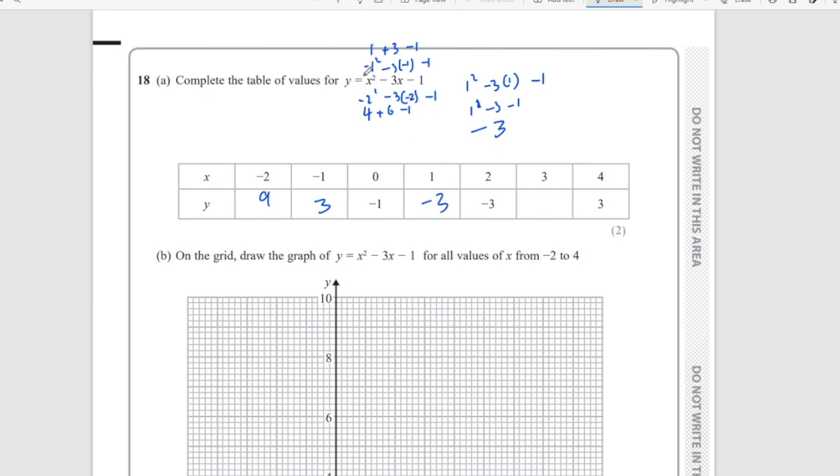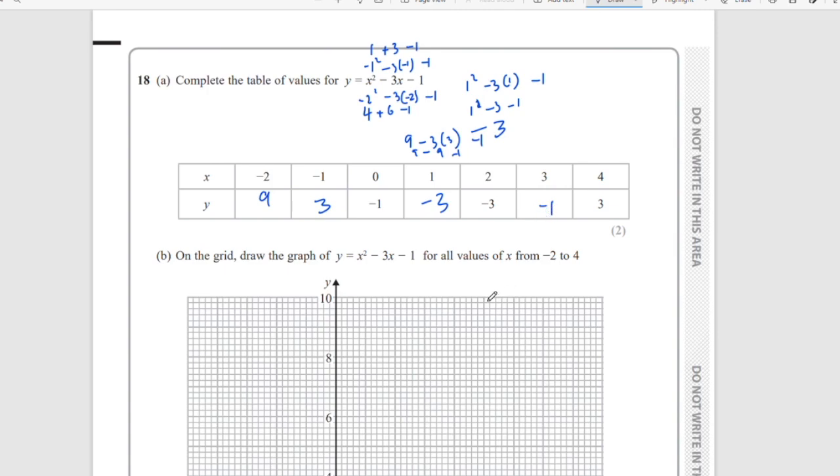And the last one is 3 squared. 3 squared will be 9, minus 3 times 3 is 9 again, and minus 1, so it will give you negative 1.